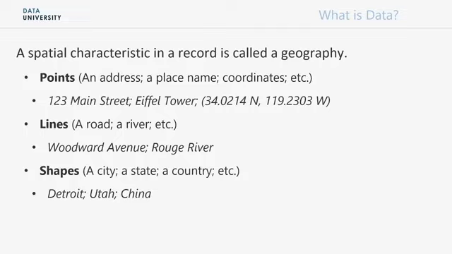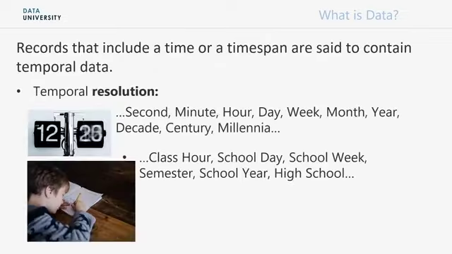state, or a country. For the sake of accuracy and tracking changes, it's also important to be transparent what the time frame of data that you're reporting or using is. For this reason, records typically include specific times or time spans, which is called temporal data. The measurement of time recorded is called temporal resolution.